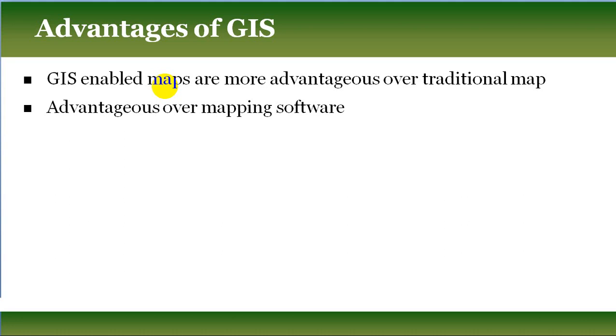In GIS software we can prepare maps, but we can also perform different types of sophisticated GIS analysis or map analysis, which is not possible in mapping software. So this is another advantage of GIS technology compared to cartographic technology.